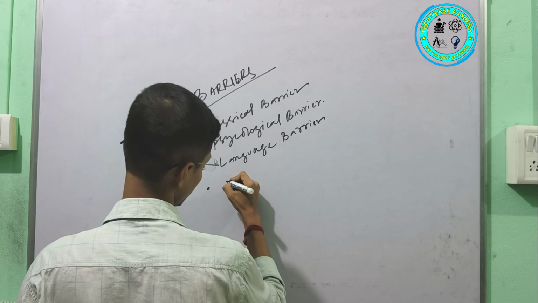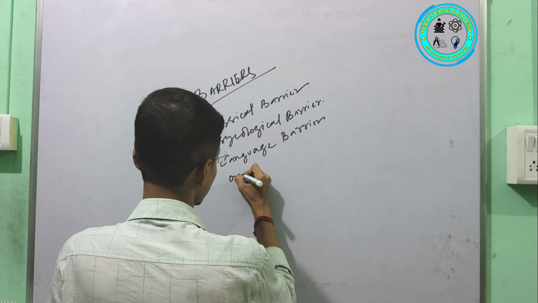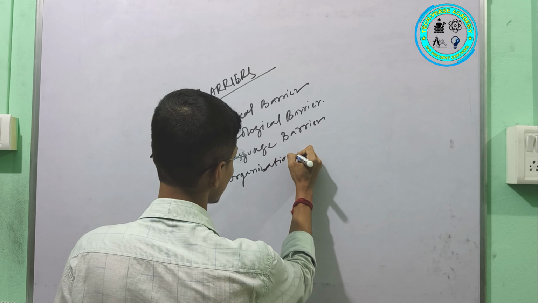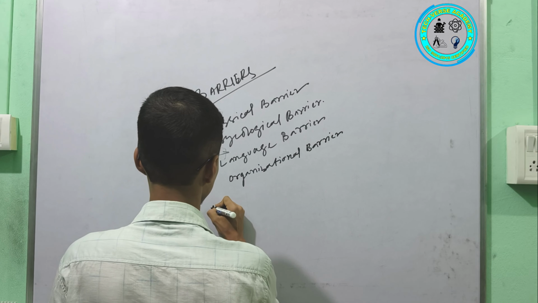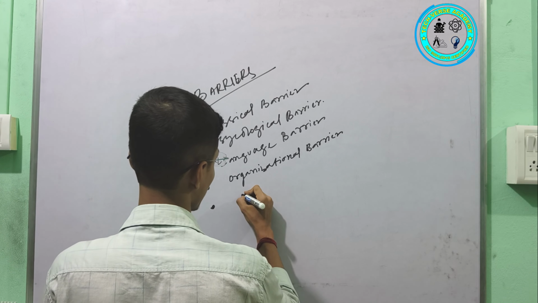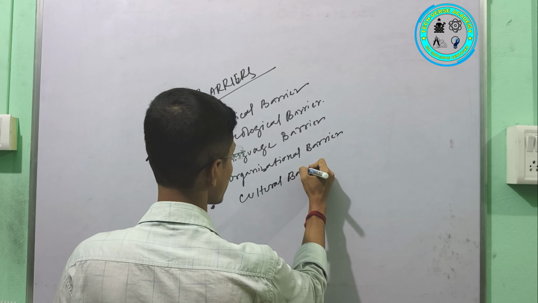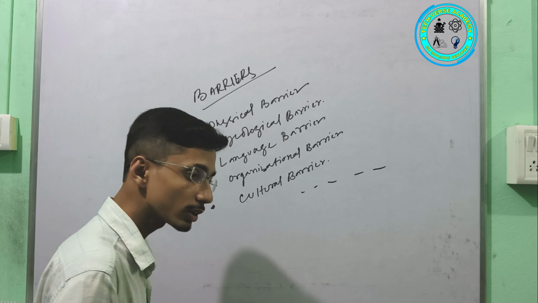Fourth one is organizational barrier. Fifth one is cultural barrier, and there are lots of barriers.